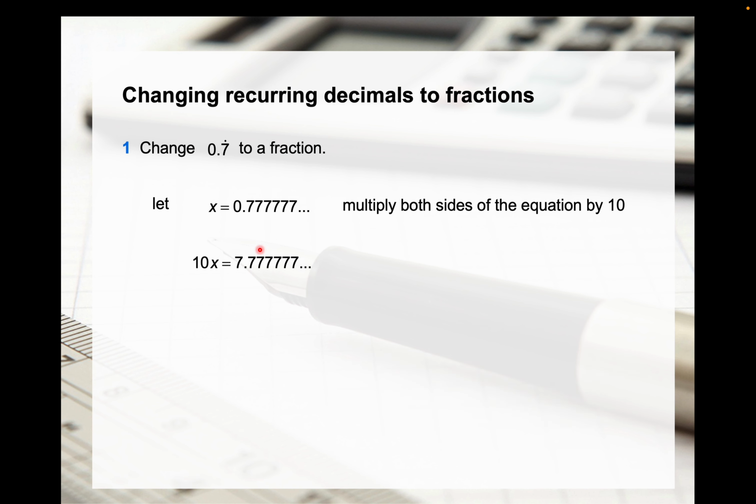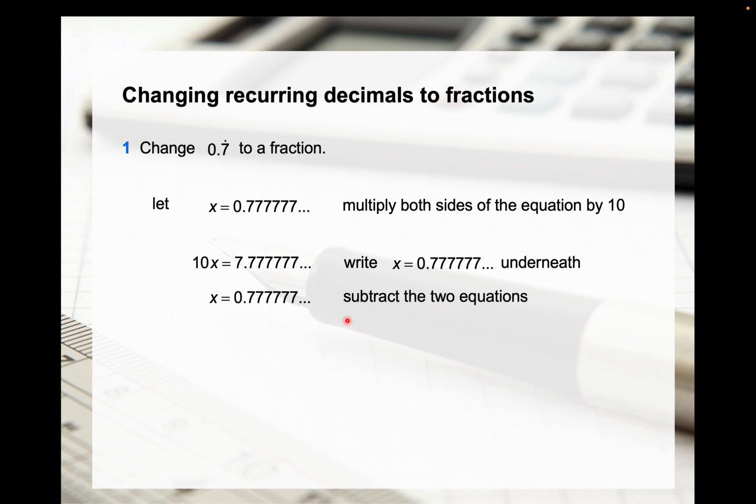So if I multiply both sides by 10, I have 10x equals 0.77777 times 10, which is 7.777. And I write x equals 0.777 beneath this and subtract those.